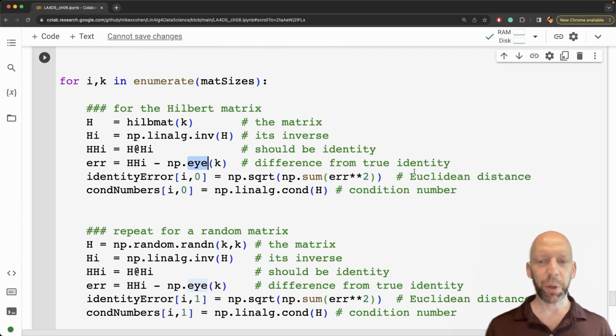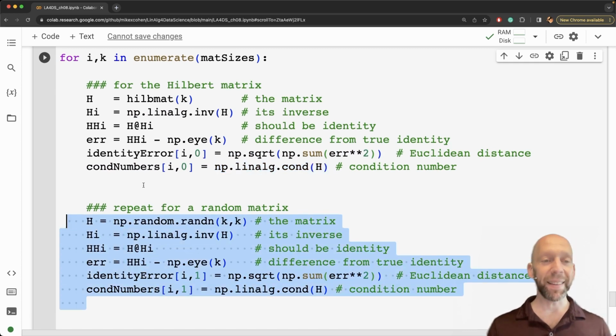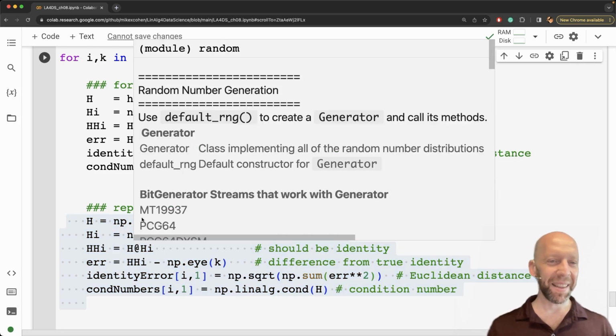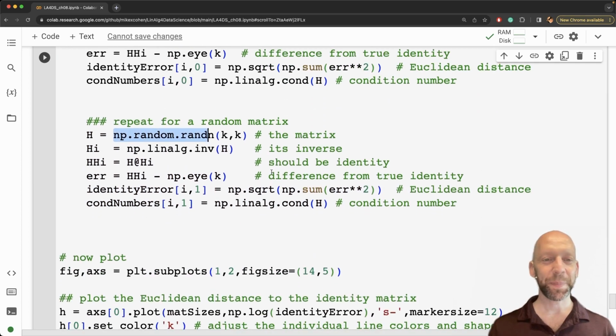Here you see I'm computing the Euclidean distance, so I square all the elements in the error matrix, sum them up, and take the square root, and then I compute the condition number. Now, this code here is identical. I even kept the variable names the same. The only difference is that instead of using the hilbmat function, I'm using numpy.random.randn. Okay, otherwise it's the same.